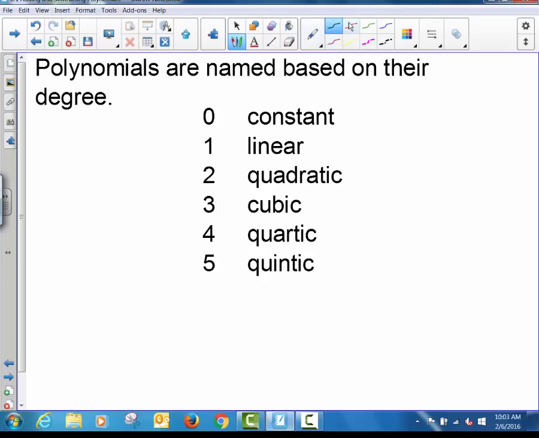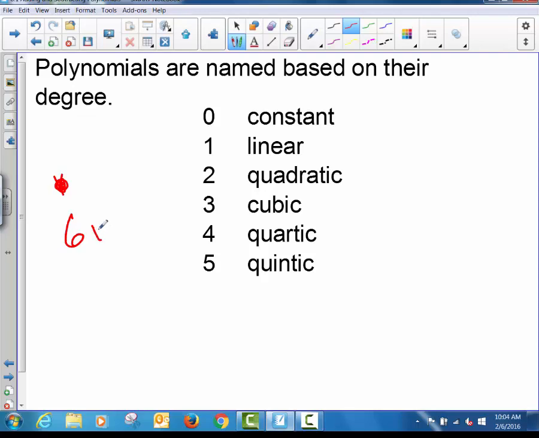Polynomials have names. Polynomials are named based on their degree. These are the most common ones. Constant has a degree of 0, like this 6. Okay, 6 is a constant because it never changes. It's constantly a 6.